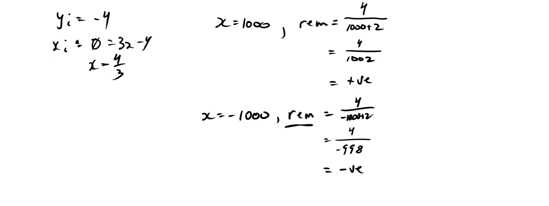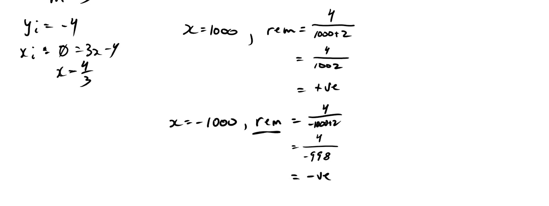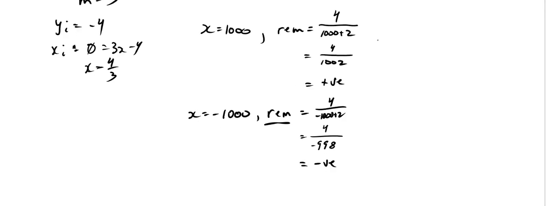So you should say x equals 1,000, remainder is positive. x equals -1,000, remainder is negative. Okay? We good? So if it's greater than 0, we're above the graph because the remainder tells us where we are in relation to that line.